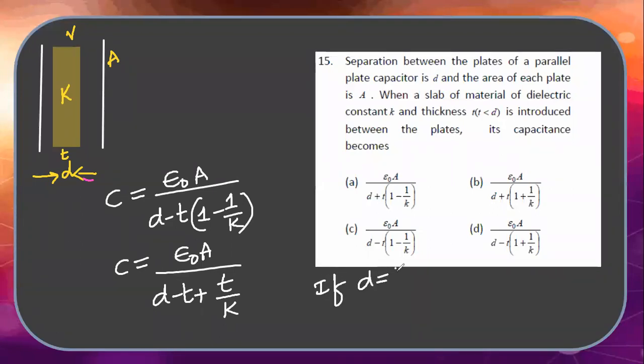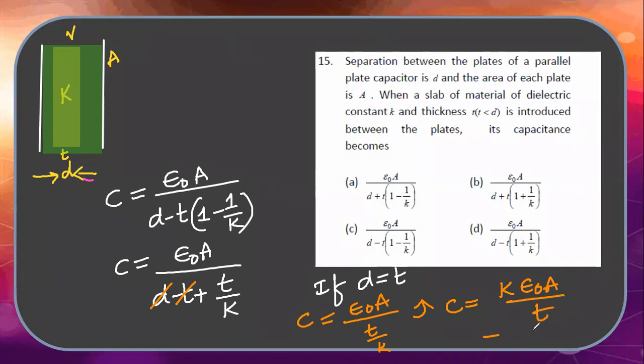If D is equal to T, it means the dielectric completely fills the space between the plates. Then D and T will get cancelled, and C is equal to epsilon naught A divided by T by K, or we'll write C is equal to K epsilon naught A divided by T. For us, the required formula is this one only, but I have shown the modified formula also.